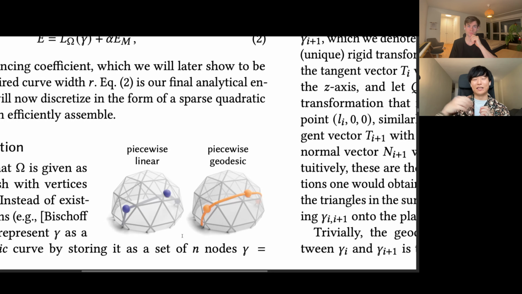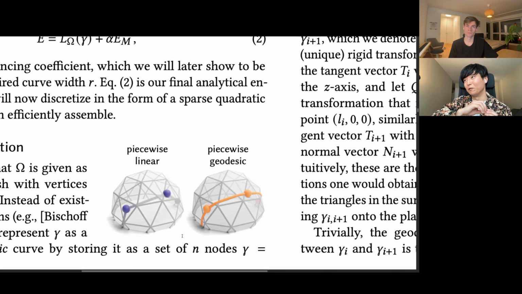But we found that using a piecewise geodesic representation is better. To explain what that is, first you have nodes placed on the surface, and then you connect each node with the closest path on the surface like this.